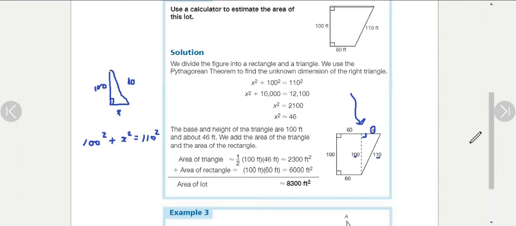Okay, and they tell us 110 squared is 12,100. 100 squared is 10,000. And we still have our x squared.